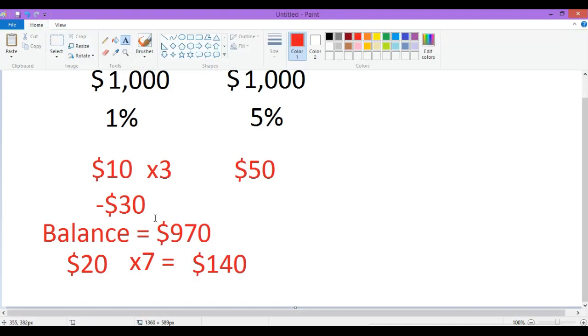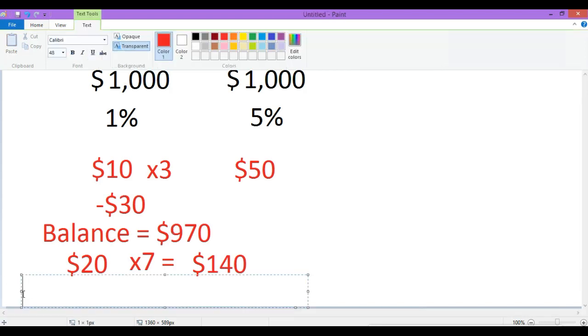Now we lost $30 from losing the first 3 trades, and we had a balance of $970, but we made $20 from each of the next 7 trades, which are profitable, and now we have a profit of $140.